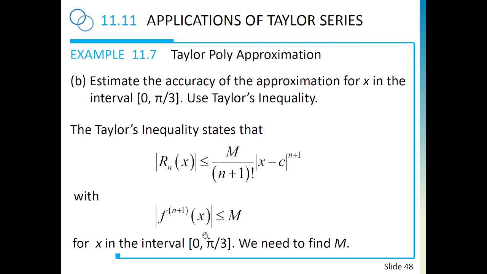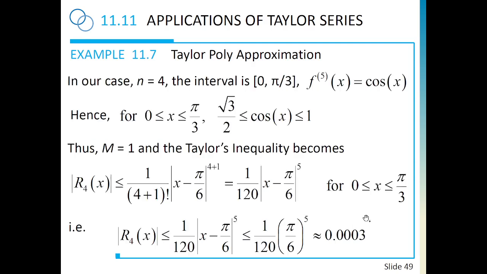In our case, we have polynomial degree 4, so n is 4, so we will need to find an upper bound for the fifth derivative on the interval 0 to pi over 3. So x lives in this interval here, so that will be a very important piece of information to use in order to find M.